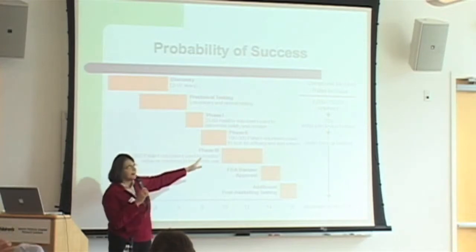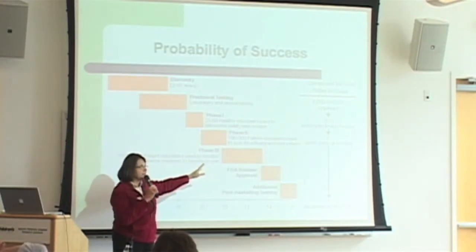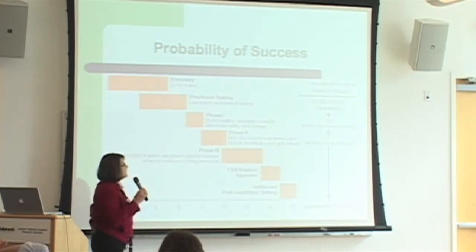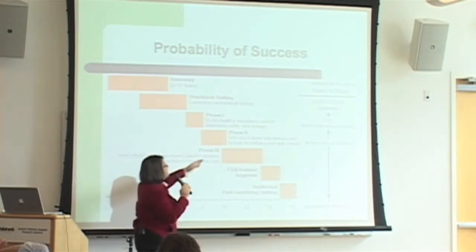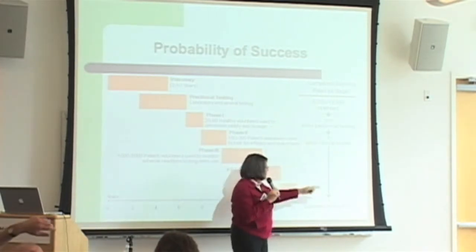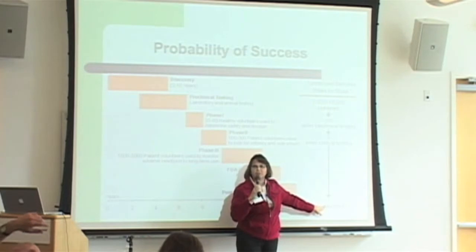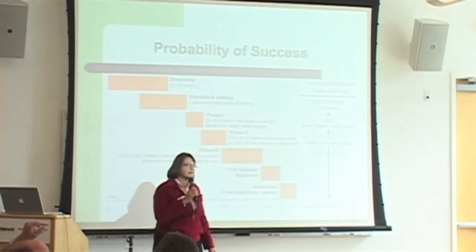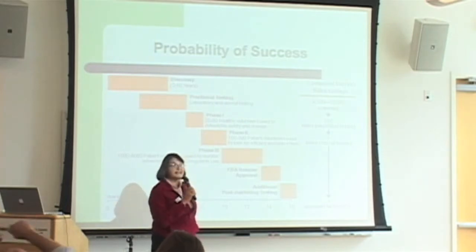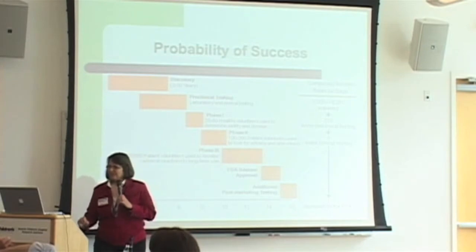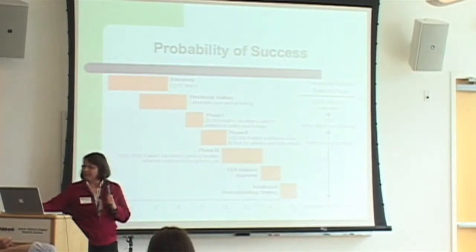And this is a map, again, made by the pharma industry, showing that for small molecules, the little pills that you can swallow, that in general, out of every 5,000 to 10,000 that are screened and studied in the lab, there's one that makes it through to the FDA. So in this area, there is a lower probability of success. With biologics, there's a bit more, but it's still a tricky business.